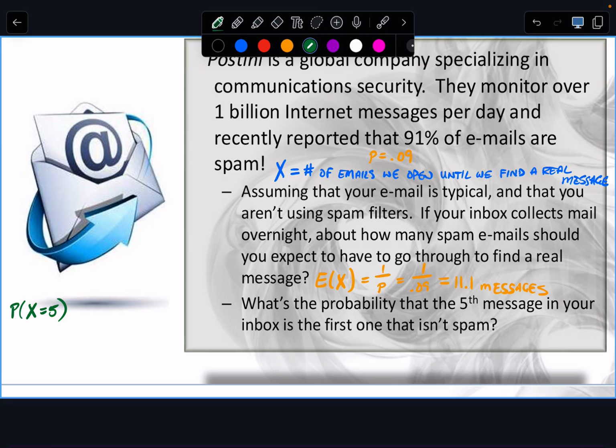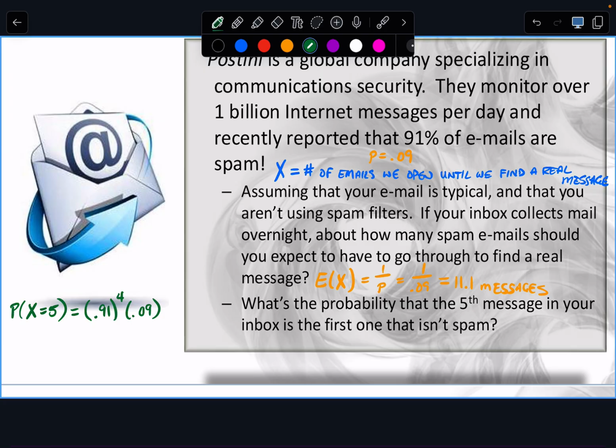And so with the formula, what that looks like is if I want the 5th message to be the first real message, that means I need to find spam on the first 4. So the probability that I find spam is 91%. I want that to happen 4 times. And then I find my real message. So the probability that I fail raised to the number of times I need to fail times the probability of success on that last trial.